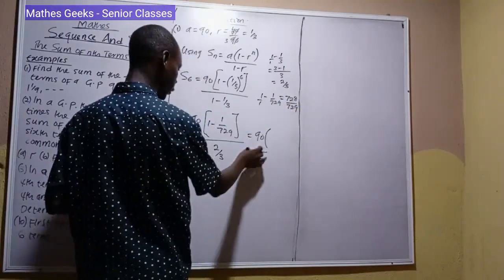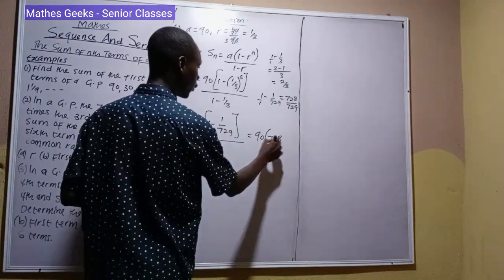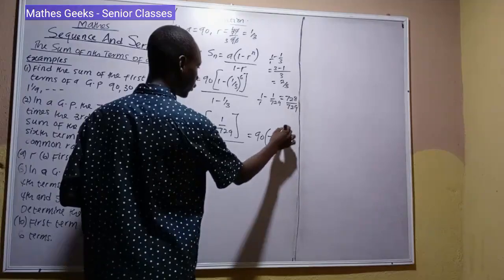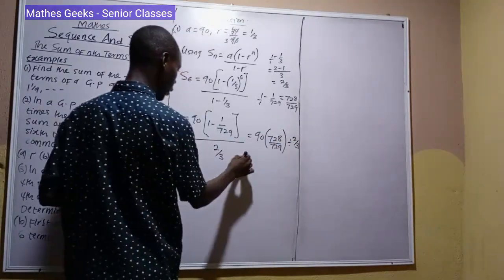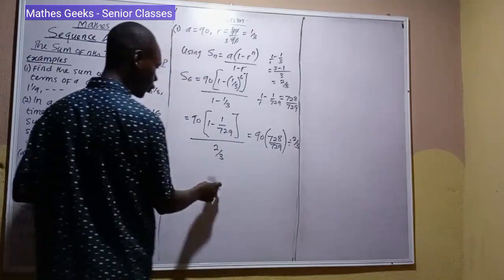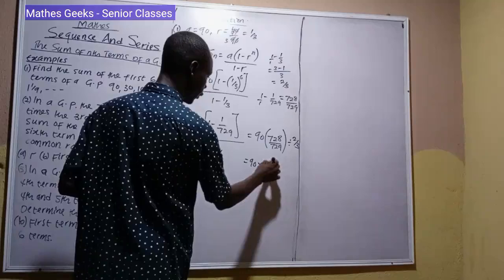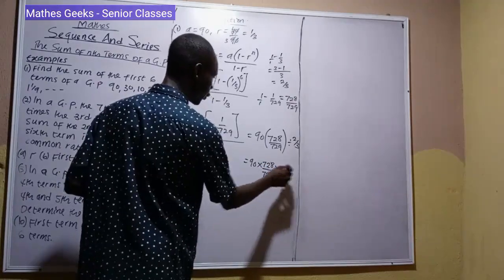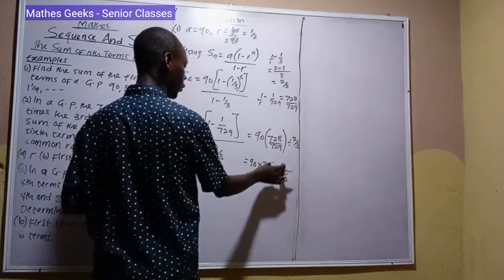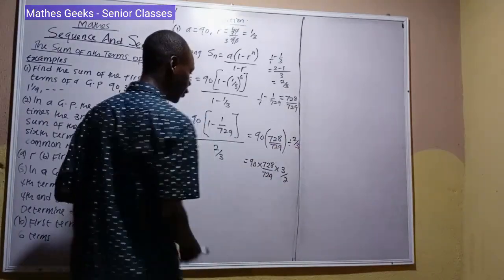So 90 times 728 over 729 divided by 2 over 3 equals 90 times 728 over 729 times 3 over 2. We change the division sign to multiplication, so 3 becomes the numerator and 2 becomes the denominator.